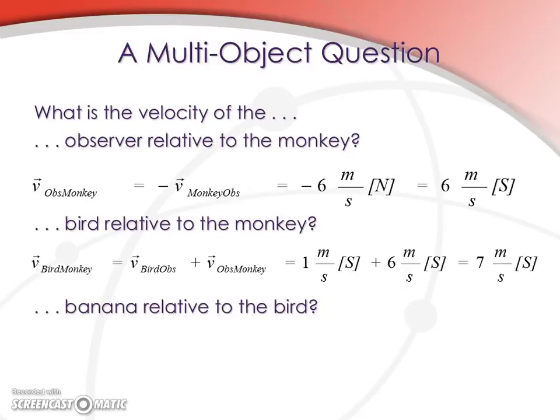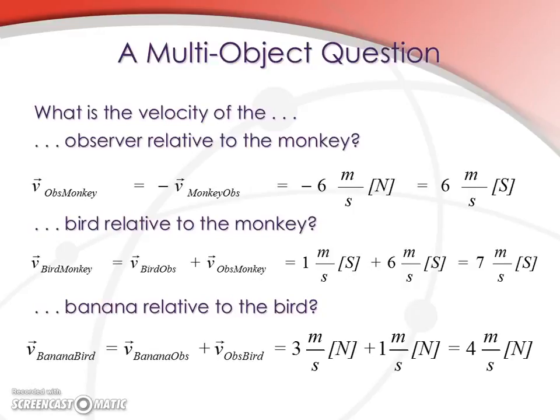The velocity of the bird with respect to the monkey, then, is the sum of these two things, or 7 meters per second south. And then if we want to get the banana relative to the bird, we can take the banana with respect to the observer plus the observer with respect to the bird and get 4 meters per second north. It may take you a few minutes to get your head around this, but really it's simple algebra once you think about it.